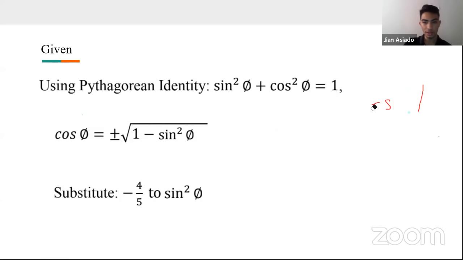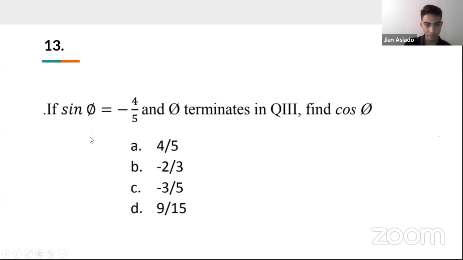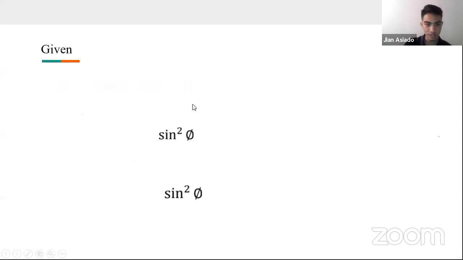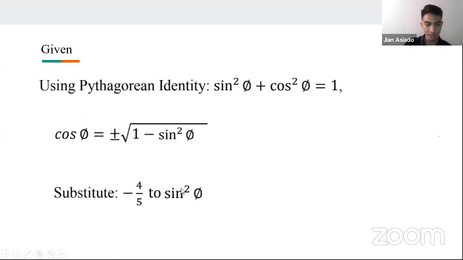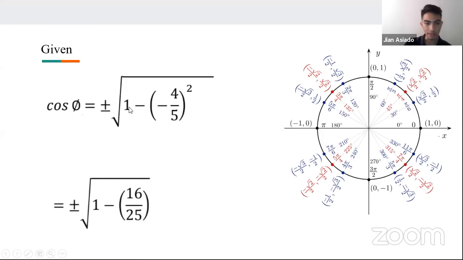Okay, and then ayun, so since stated sa problem, no? Sabi sa problem, sine phi is equal to negative 4 fifths. So may sine phi tayo dito, no? Sine squared phi pa nga. So isa-substitute lang natin to, then ayan. Negative 4 fifths, no? Squared.